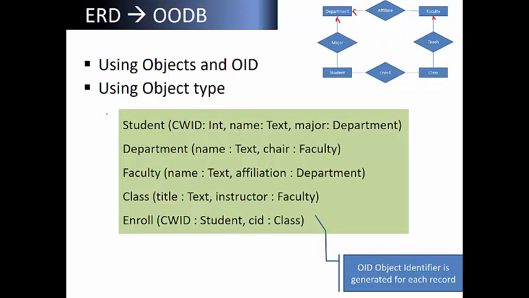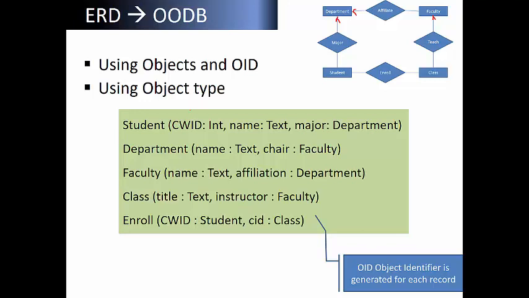It looks very similar to the relational schema in relational databases. The schema will be a set of attributes, or a set of attribute and type pairs.